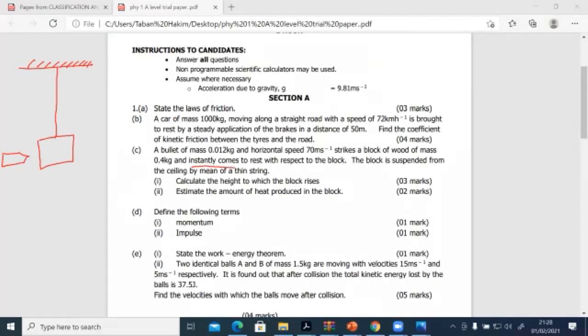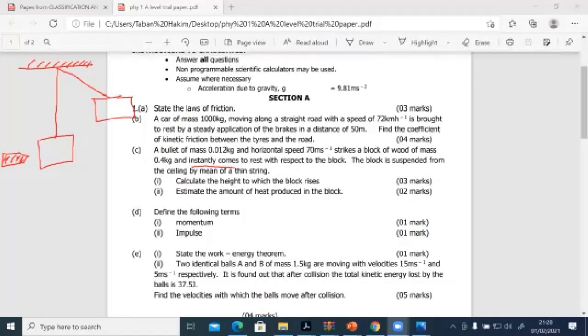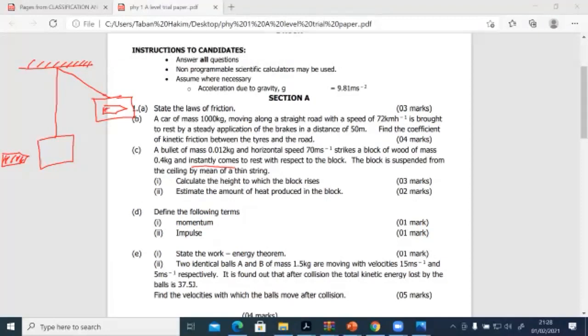As a result, the two are going to be inclined to the vertical like this, with the bullet inside there. This is the point of reference where we're going to be measuring the height from. So this will be our height here.